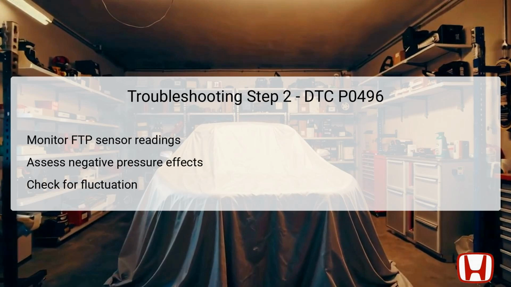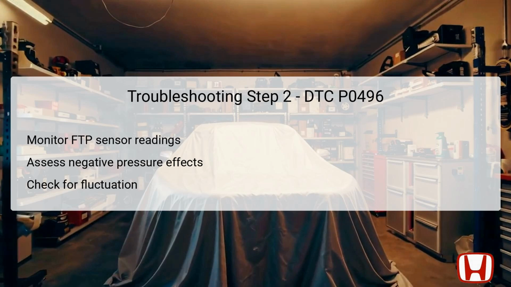Step 2 of the troubleshooting process is to closely monitor the readings from the FTP sensor during the vehicle's operation. This step is crucial because any fluctuating readings from this sensor should move from negative pressure to atmospheric pressure, particularly after turning off the ignition or pressing the engine start-stop button.